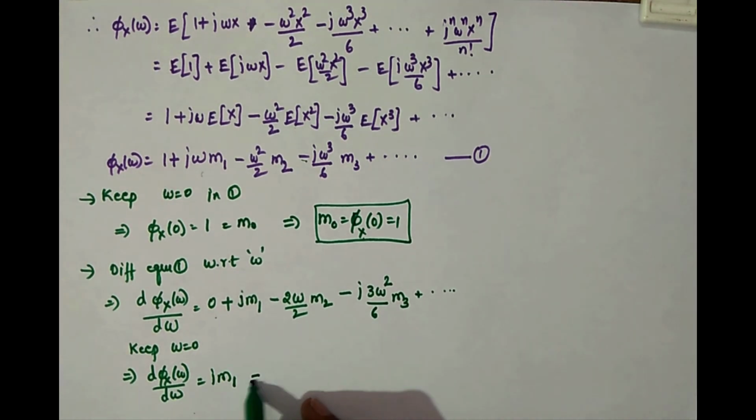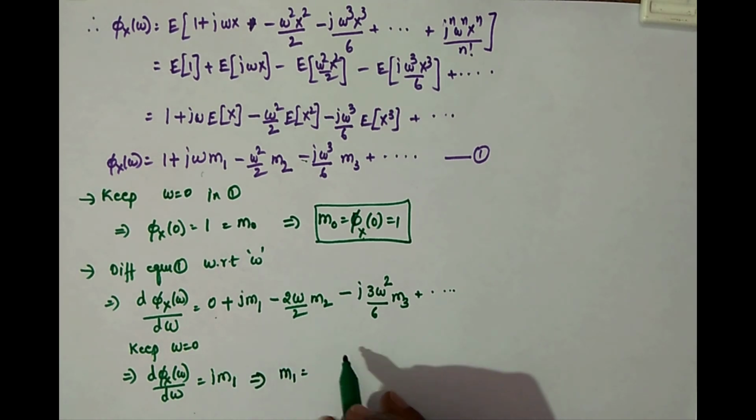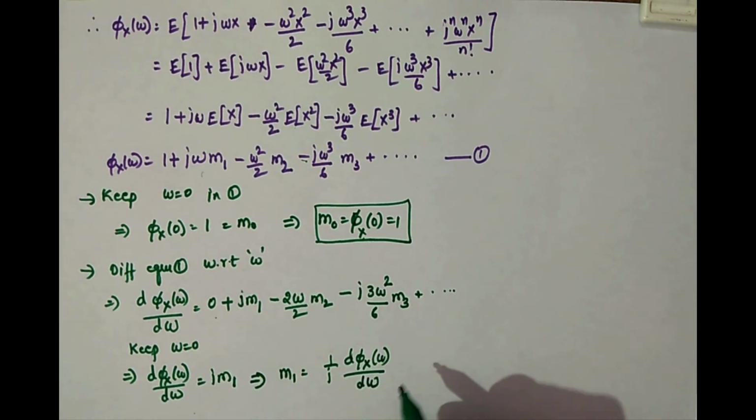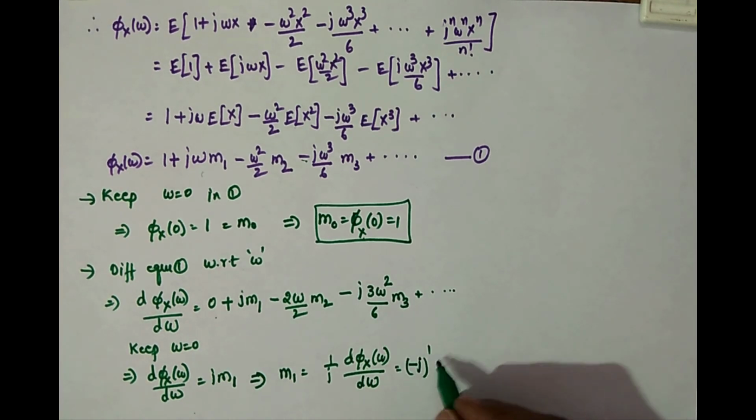So it implies m1 is equal to 1 by j d phi x of omega by d omega. Means 1 by j, you can write it as minus j whole power 1 into d phi x of omega by d omega.